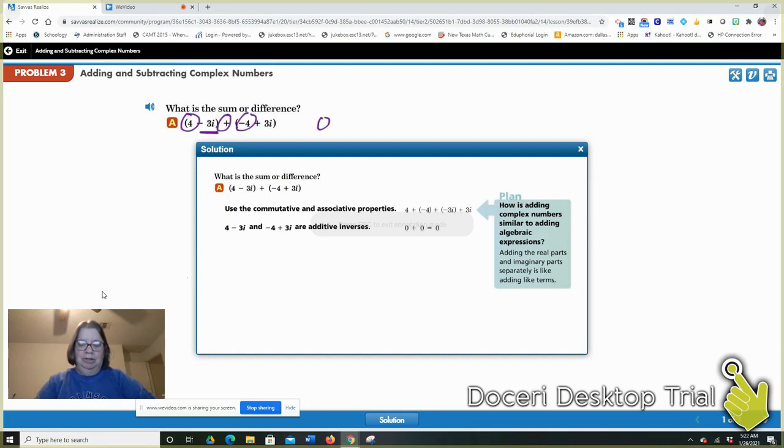Negative 3i plus positive 3i is 0. And why they used an example that ended in 0, I don't know. But it's like adding like terms. Add the parts without the i, add the parts with the i, or subtract the parts without the i, subtract the parts with the i. Let's see if we've got another example.